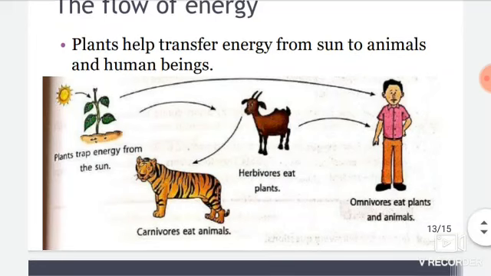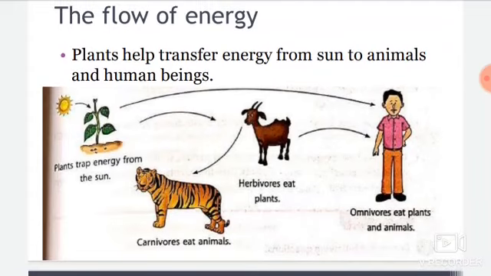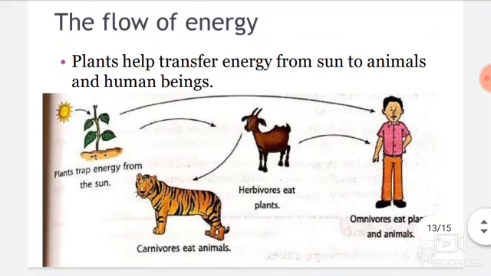Herbivores eat plants. That means they depend on plants for getting their energy. Then herbivores are eaten by the carnivores and sometimes by the omnivores also. So the energy gets transferred from herbivores to carnivores and also to omnivores. In this way, energy gets transferred from producers to consumers.